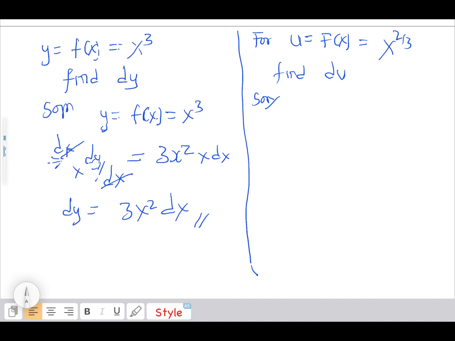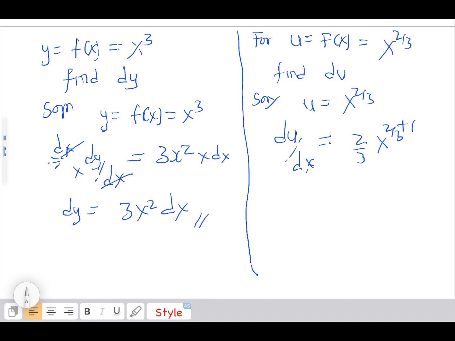So now we know that our u is equal to x power 2 over 3, which is equal to f of x. Therefore, we can say that the differential of u with respect to x will be given to us as 2 over 3 x power 2 over 3 plus 1.